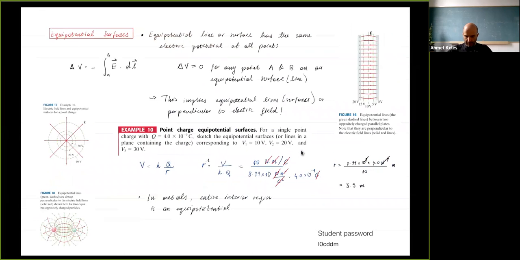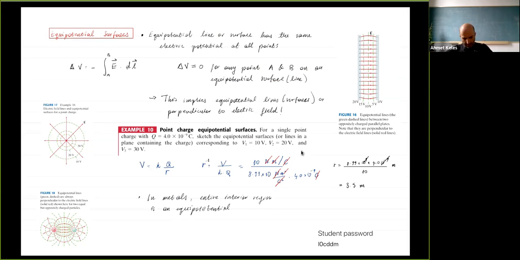And later, I think we introduced something called equipotential surfaces or equipotential lines or equipotential volumes, which was the space in which 2 points had no electric potential difference.